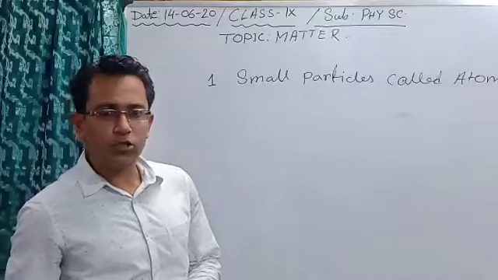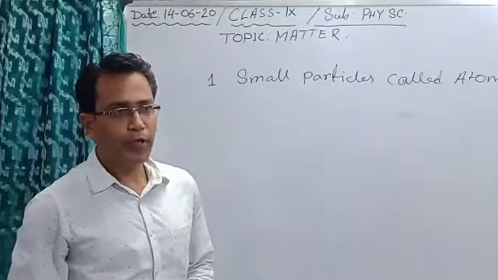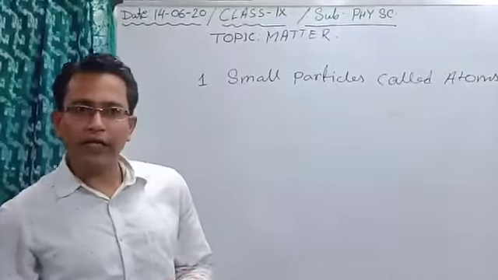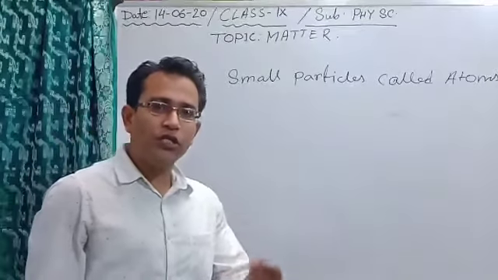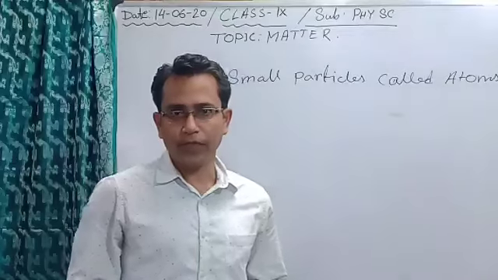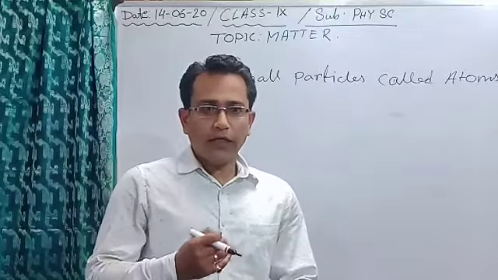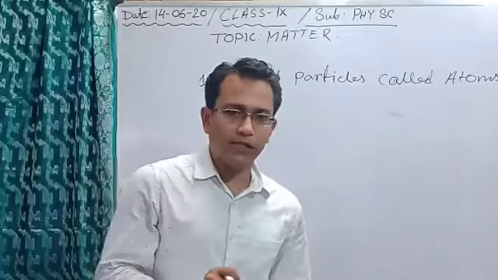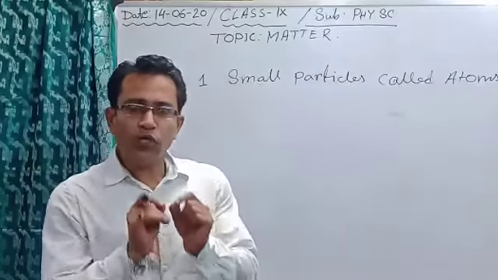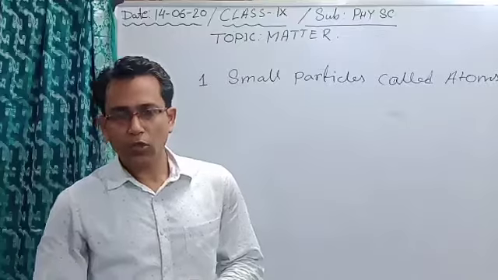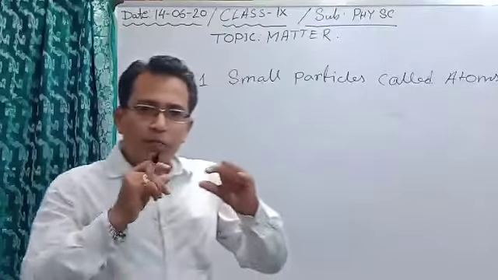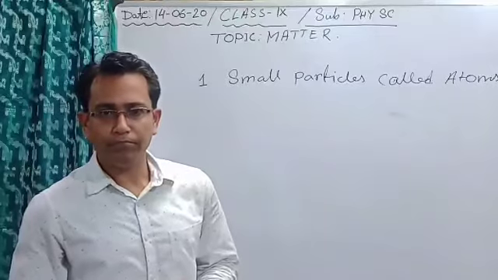These atoms are so tiny that we cannot see them with our naked eyes, and these are the smaller particles that compose matter. So these atoms have spaces between them.